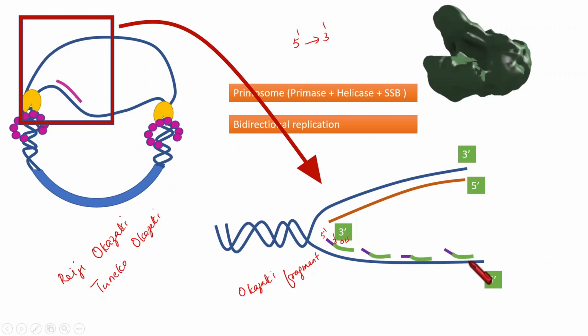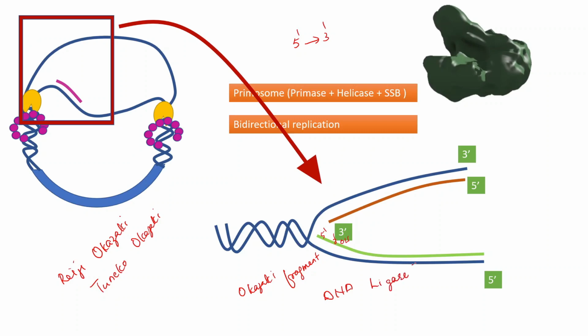Okay, then after that, the RNA primer at the end of each fragment is removed, and these small fragments of DNA are joined with the help of another enzyme called DNA ligase.